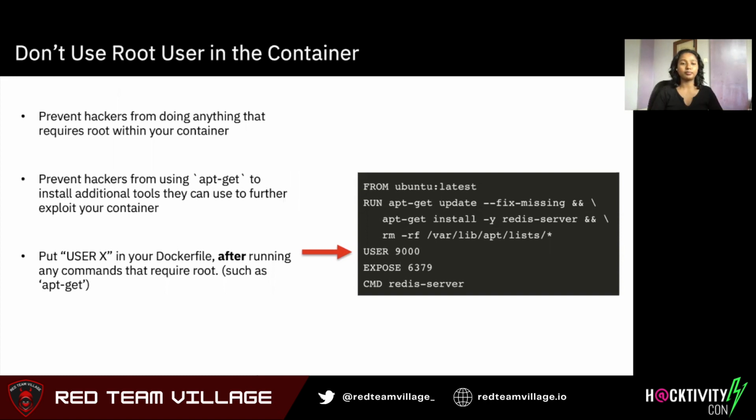So this will prevent hackers from doing anything that requires root within your container. And if you're not using the root user in the container, it will also prevent hackers from using apt-get to install additional tools that they can use to further exploit your container, right? Here's an example. We'll just put USER X in your Dockerfile after running any commands that require root, right?